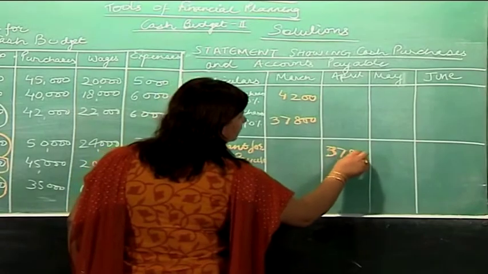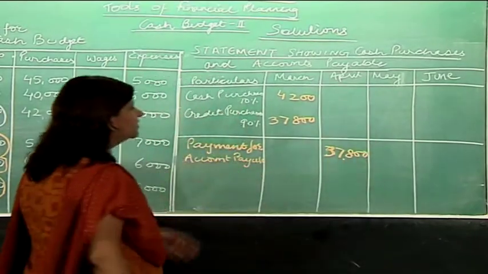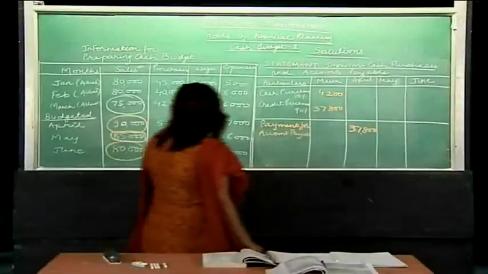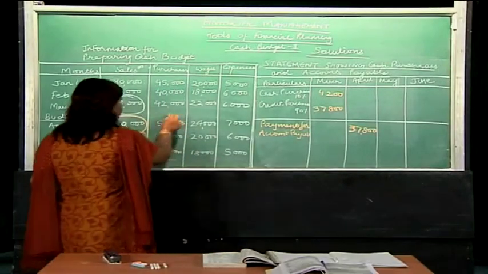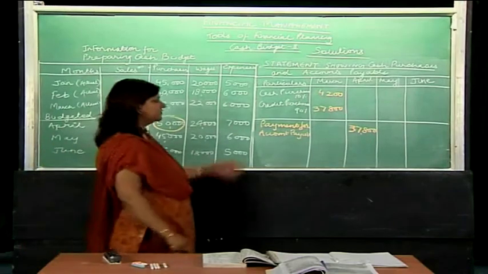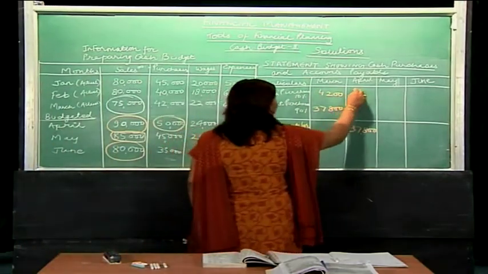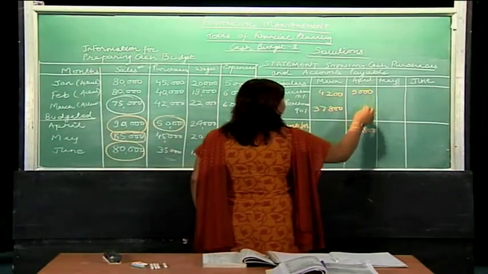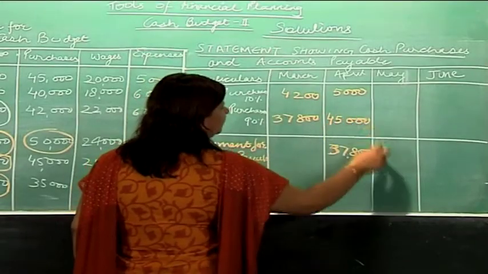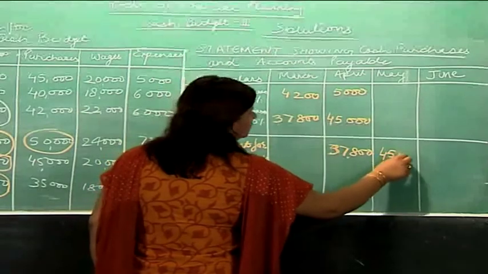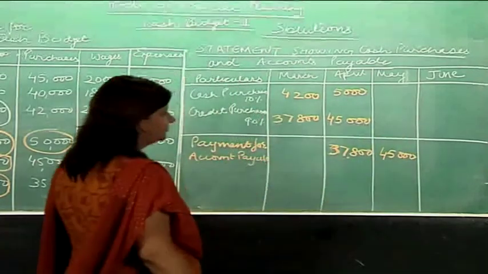It is 37,800. Similarly, for the month of April, we have the figure of purchases as 50,000. So the cash purchases will be 5,000, credit purchases shall be the 45,000. This 45,000 shall be paid in the month of May.